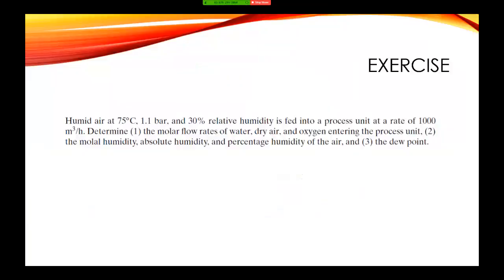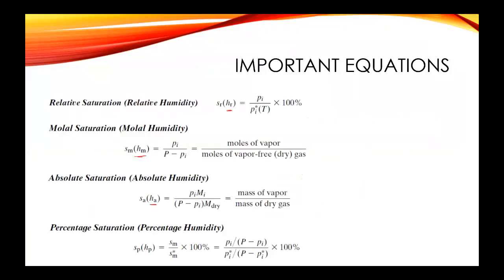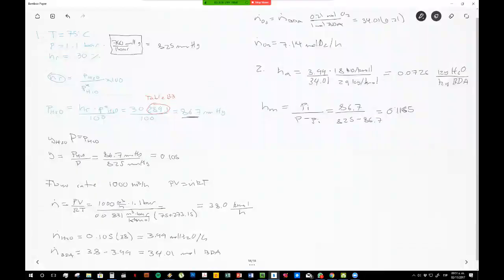The percentage humidity of air, if you see the equation underneath, we need the molar saturation, and the molar saturation using the vapor pressure, right? So we have to obtain that one too. Okay, so we have that value already because we have it here from table B3. So HM of the vapor pressure, it's the same equation, only changing the values.